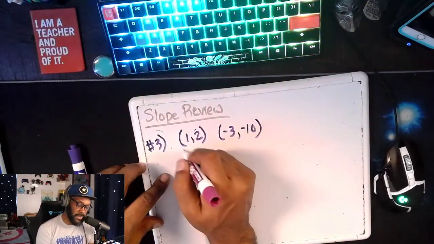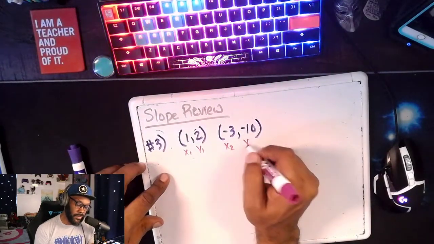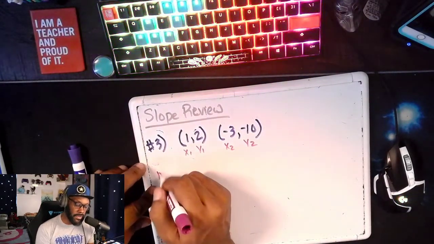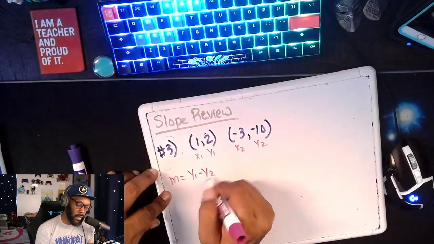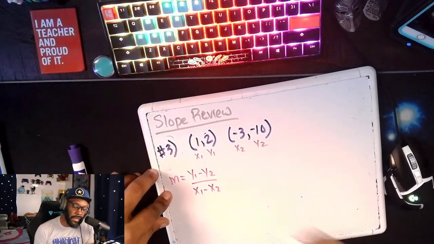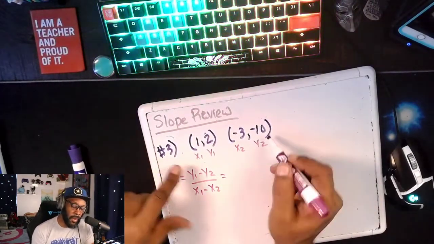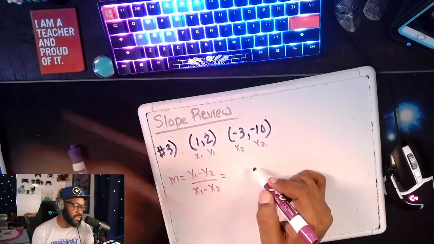For teaching purposes, I'm going to label this x1, y1, x2, y2. Going back to that slope equation that you should have, y1 minus y2. I'm writing it all out, friends. Again, for teaching purposes, you might want to just jump straight into the math here, setting it up. I'm totally fine with that.